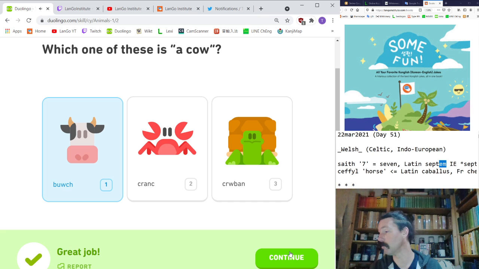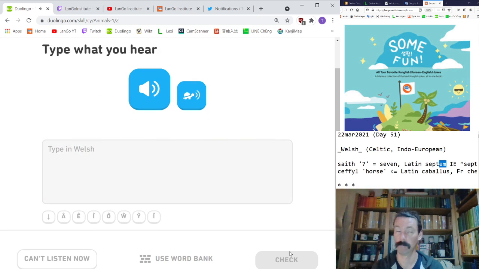That is going to be historically the same word as our calf. Dwi ddim yn hoffi'r crwban. Dwi, I, do, I, yeah. Ddim is the mutated form for not. Yn, hoffi. Hoffi'r, contraction, the crwban.